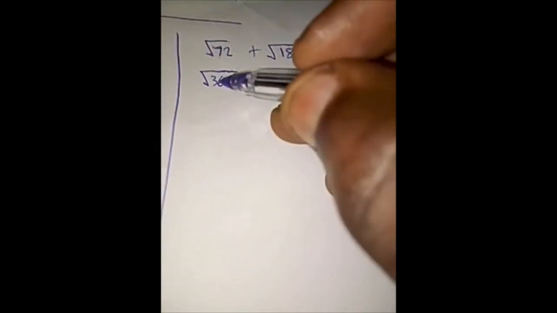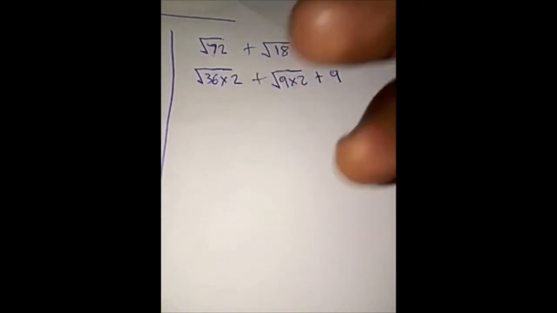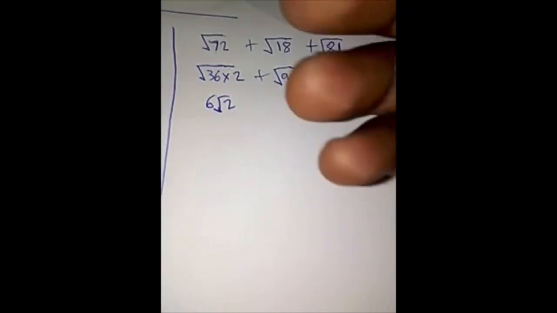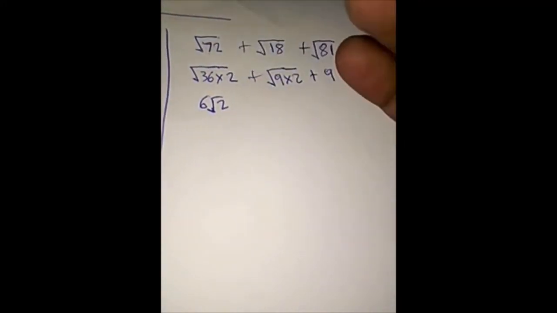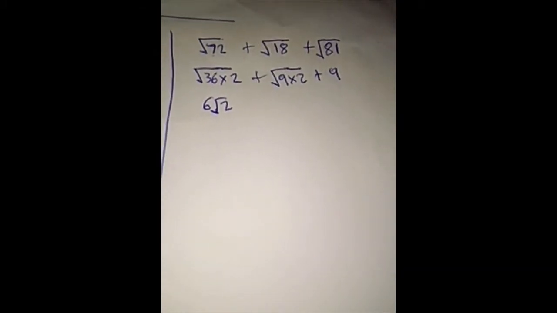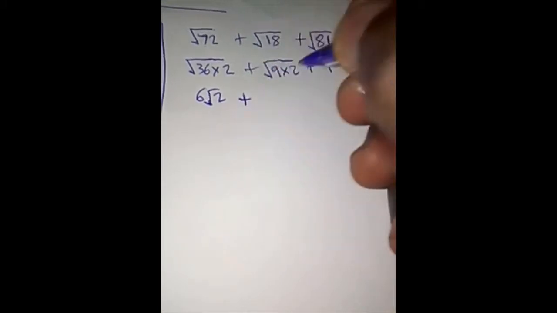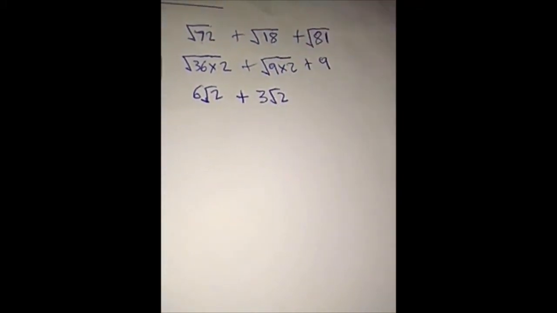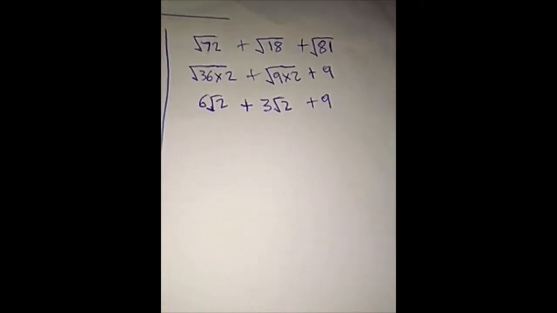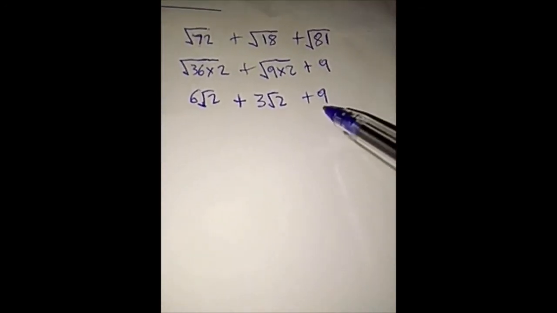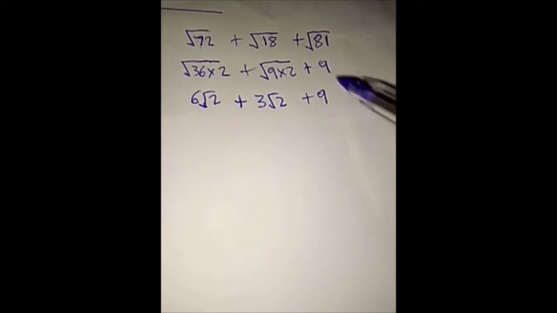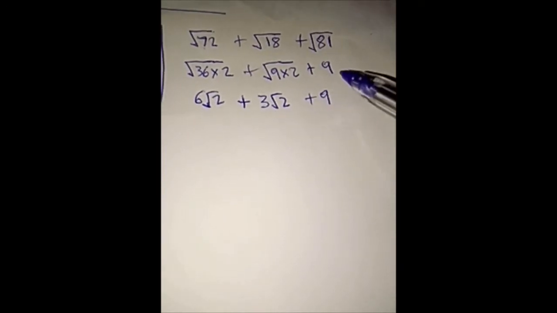For this one, root of 36 is going to be 6, so I will get 6 root 2. This is more explained in part 1, so you can check that one and let's move on. And for this one, it is 3 root 2 plus 9. This 9 here is not a surd, it's just a mere number. You know how to tackle that.